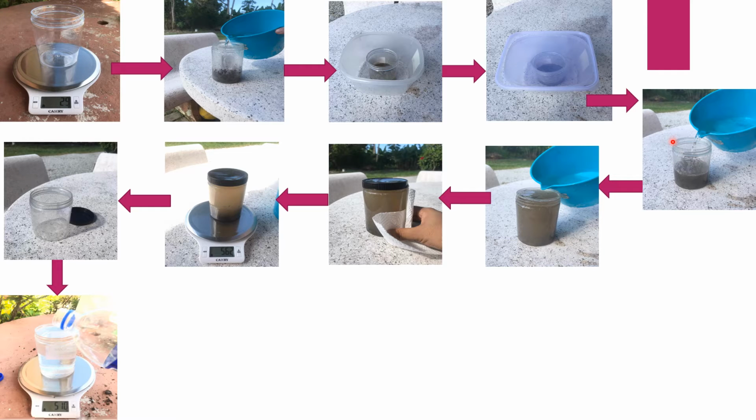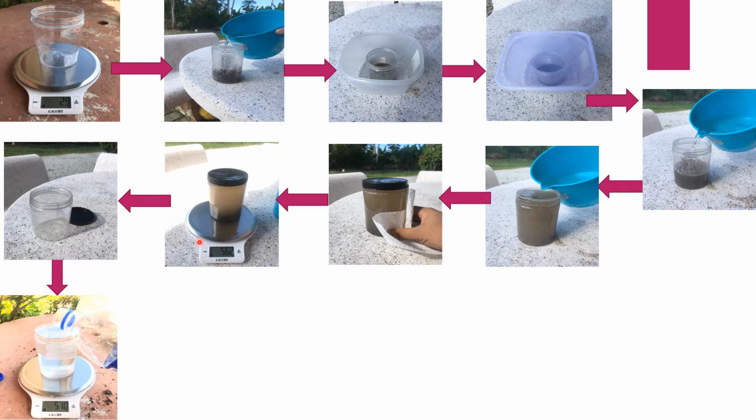After that, we pour water into the container until it is completely filled without any bubbles. Then the lid is put on. Then we wipe the excess water off the container with tissues. Then we weigh it and label it as W3.